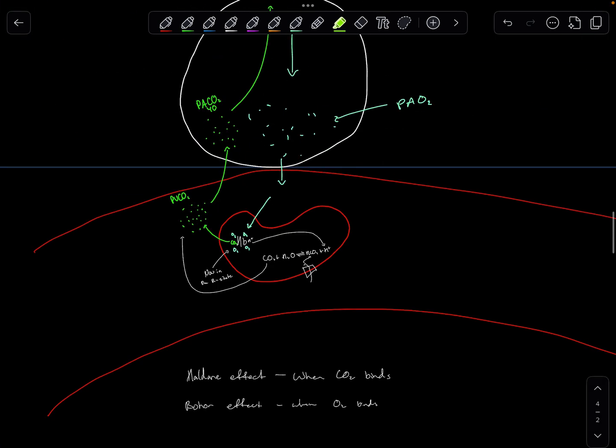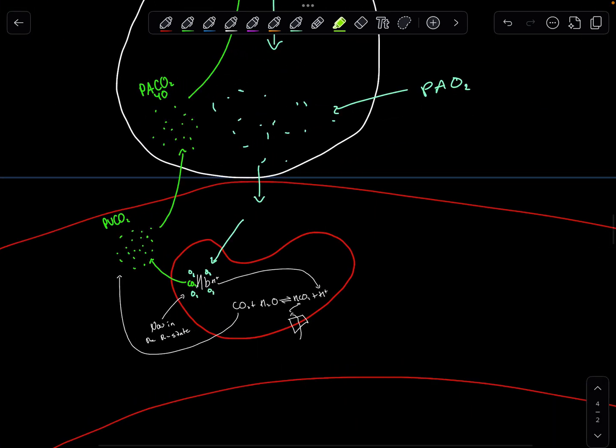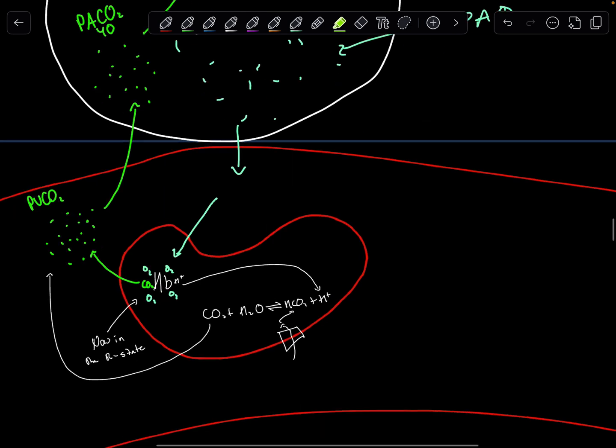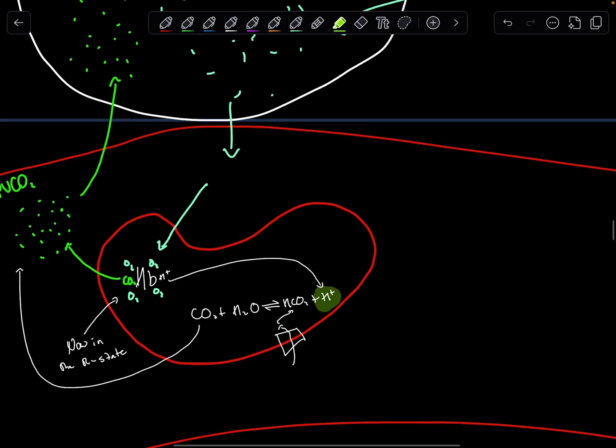So now we're in the lungs, and I'll briefly explain a couple things that happen here. For example, if the person is in acidosis, there's a large amount of protons, or a ton of CO2. That's actually going to compete.